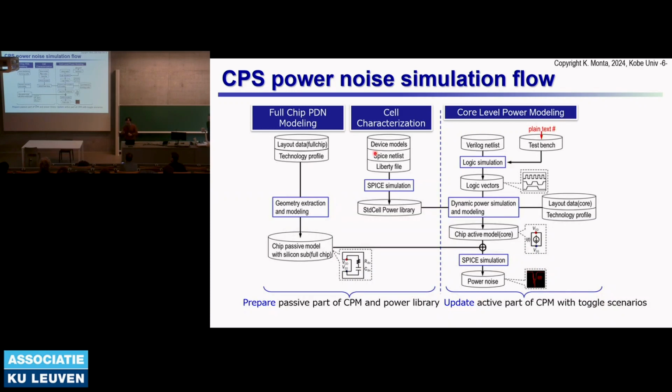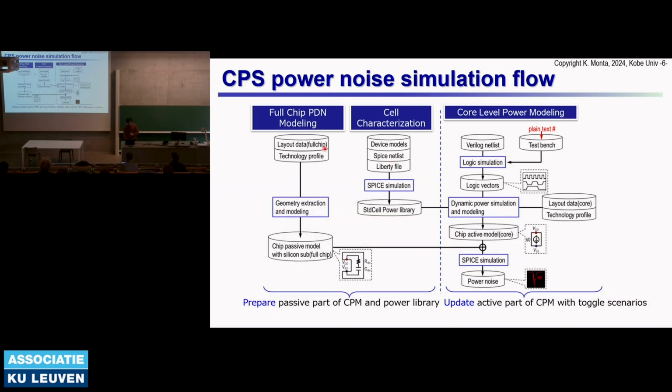These are characterized in terms of how much power is produced or consumed by the operation, depending on what input bits come to the cell and what load capacitance and load resistance your logic will have. All the input side and output side determine the size of the power. That will be characterized beforehand.